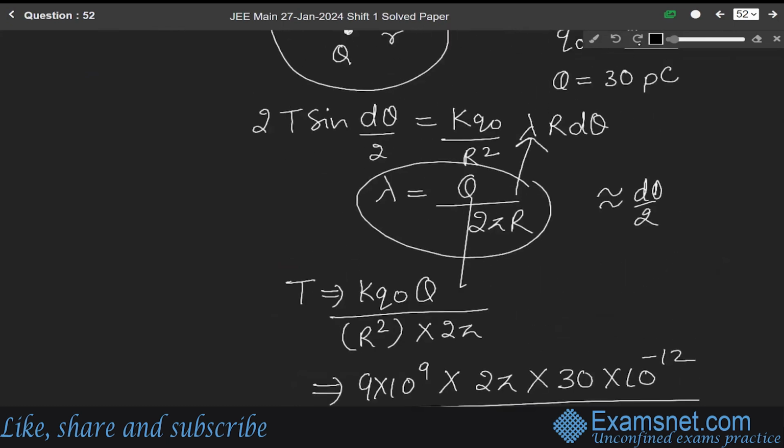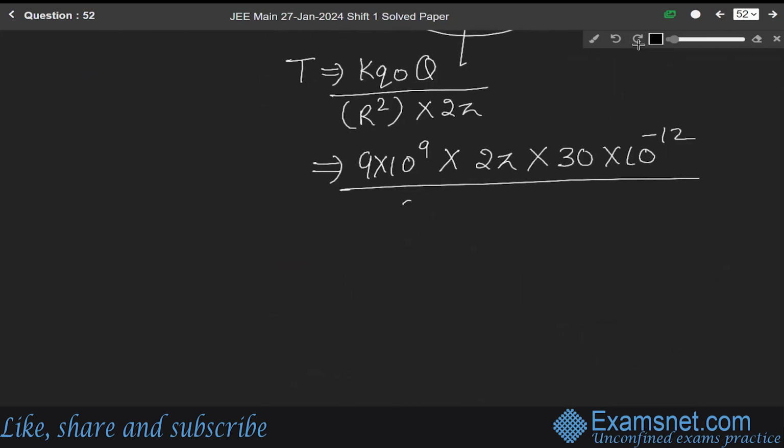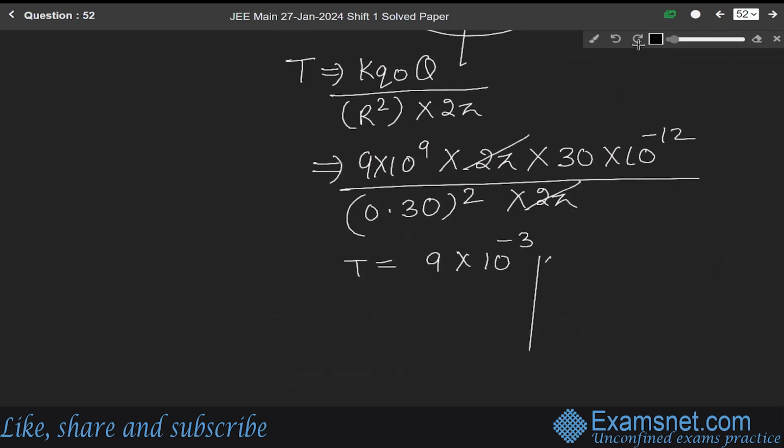R is what? Radius is 30 centimeter, means 0.30 whole square into 2 pi. So the tension T equals 9 into 10 to the power minus 3. This 2 pi cancels out into 30 over 9 into 10 to the power minus 2.